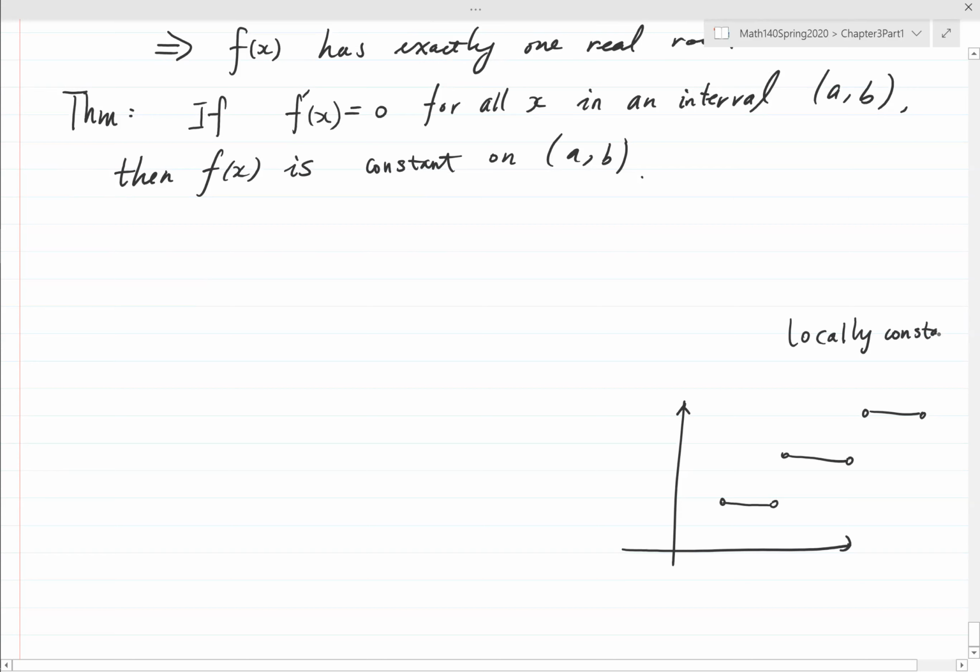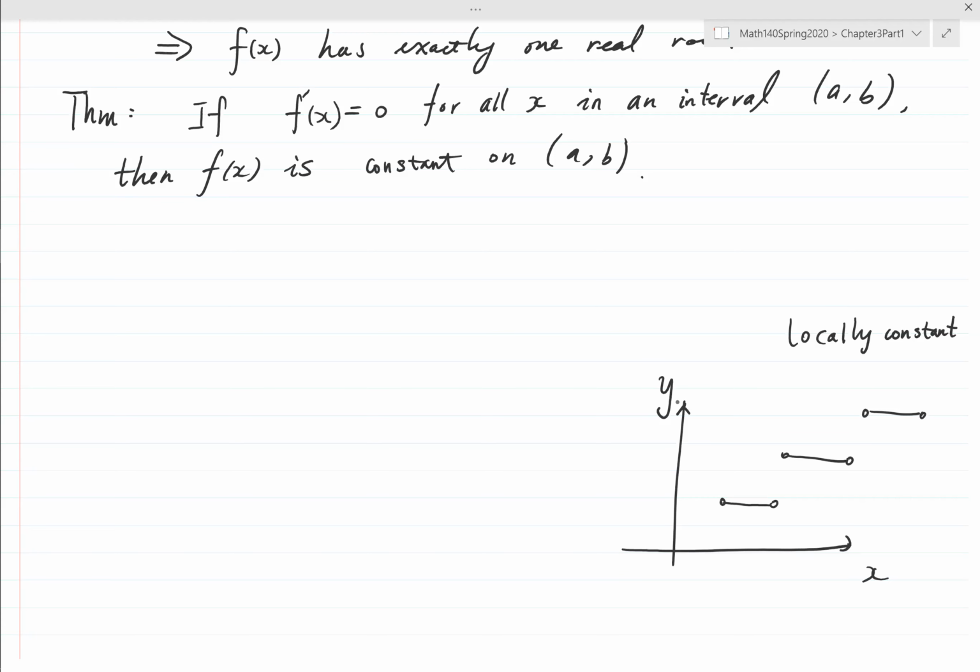When we take a derivative, we only use local information. So its derivative vanishes everywhere, but globally it's not a constant. Be careful. If we have intervals which are not connected, then it can be wrong. The function can fail to be globally constant. The floor function is such an example.